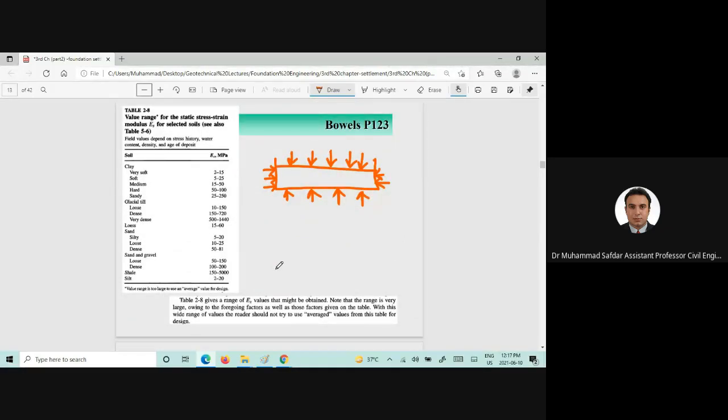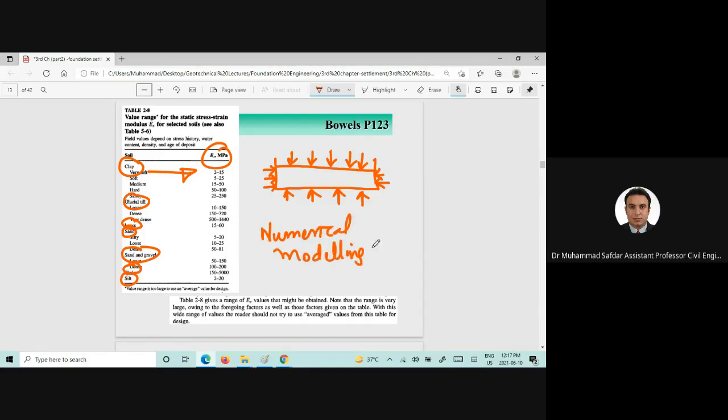Again, the value range for the static stress-strain modulus for selected soils. For clays, glacial till, loess, sand, sand and gravel, shale and silt, an approximate range is given that you can use for your numerical modeling.